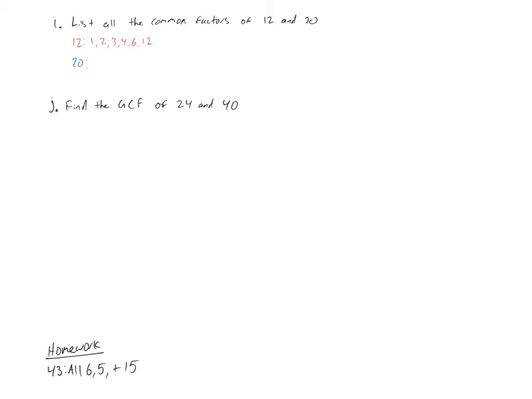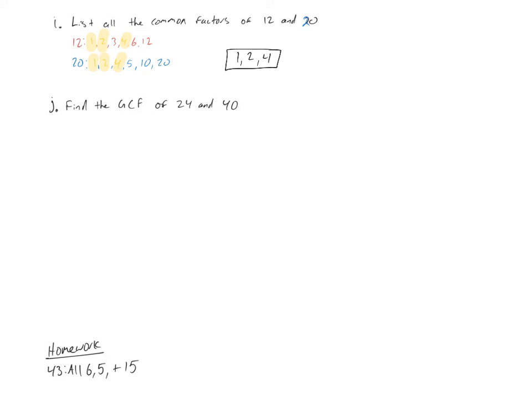For 20, that is a 20 by the way, I'm going to have 1, 2, 3 doesn't, 4, 5, 10, 20. 1 and 20, 2 and 10, 4 and 5. So common factors is going to be 1, 2, 4. 1, 2, and 4. So all of the common factors, which is what they asked, common factors are going to be 1, 2, and 4.